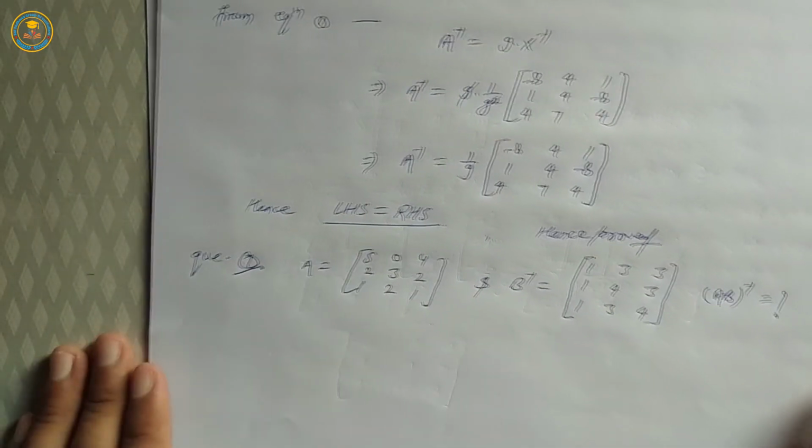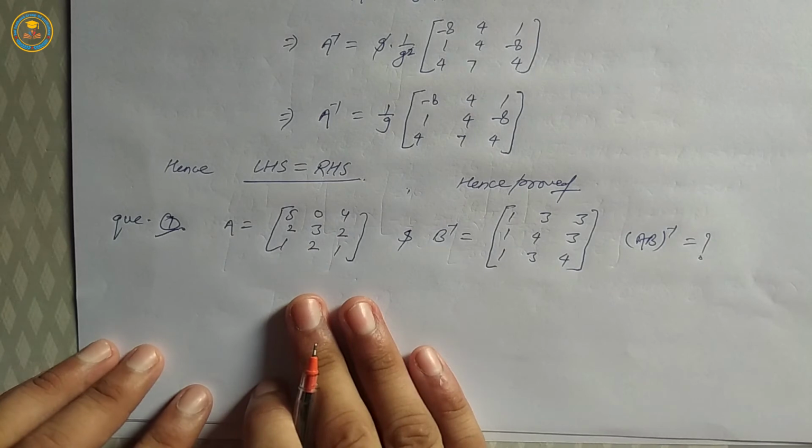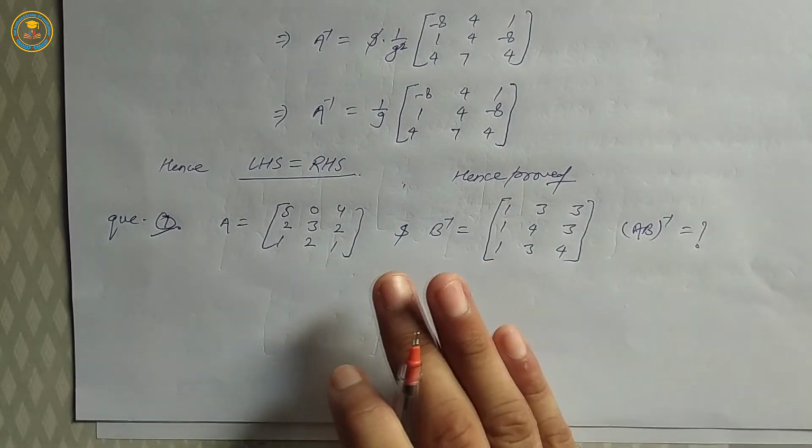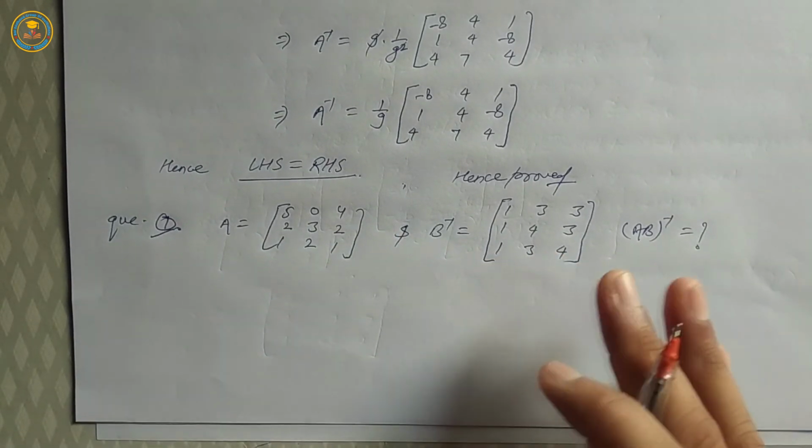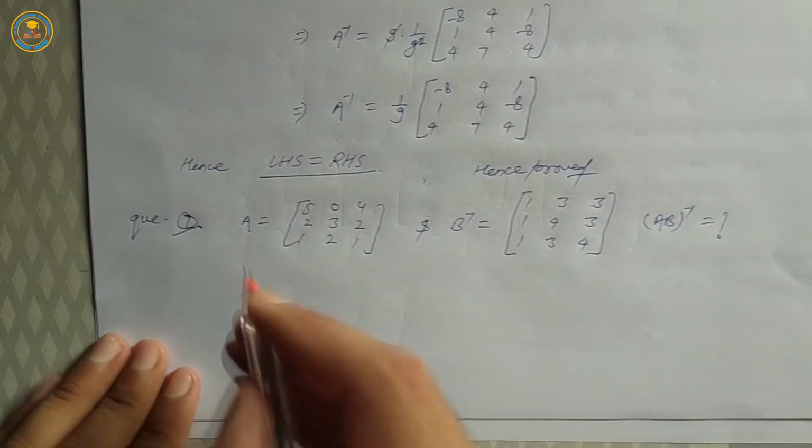Okay, matrix A equal to something and matrix B inverse is equal to something. Find the value of AB inverse.